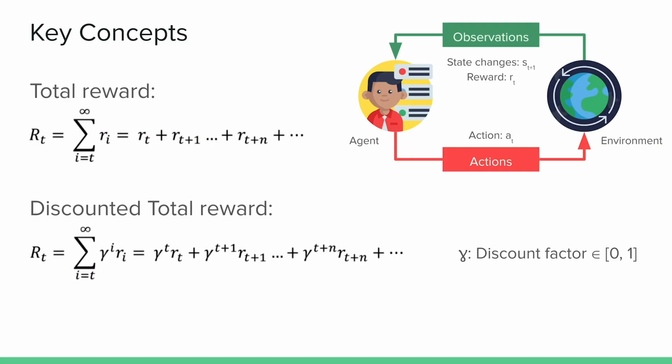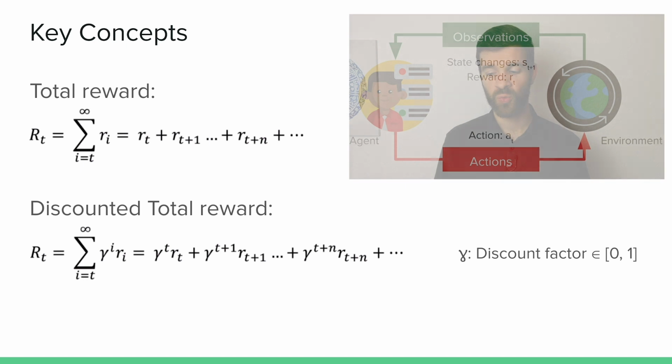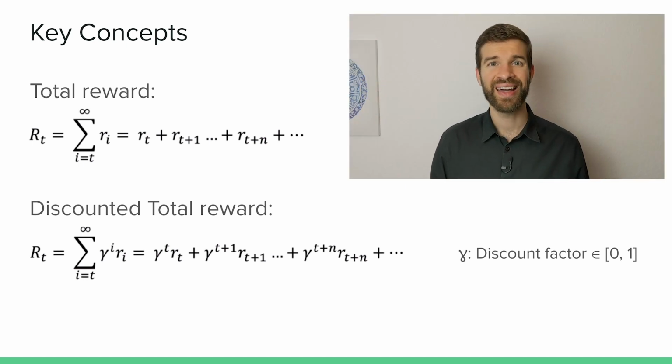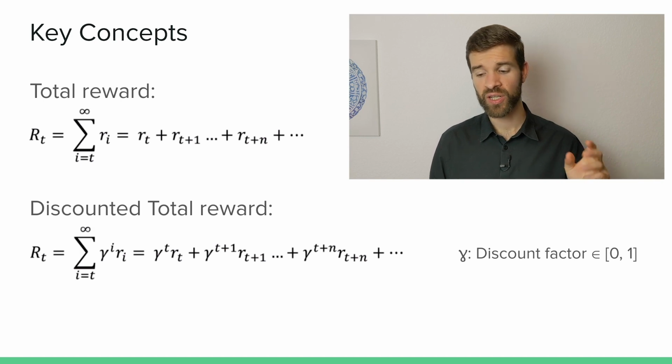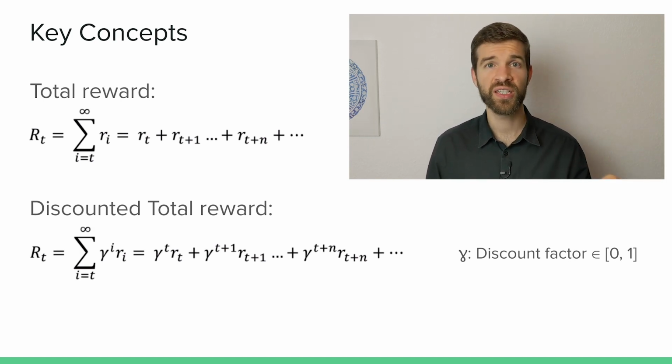One of the problems is that given a potentially unlimited time series, that total reward could get infinite. So we're just adding more and more and more rewards. So what we can do instead is add a discounting term, a discounting factor gamma, which decreases the rewards that we're seeing over time.